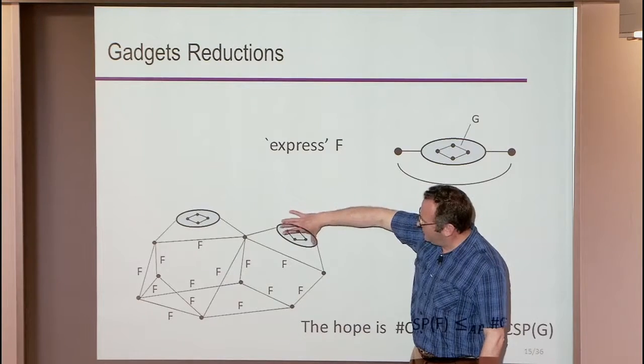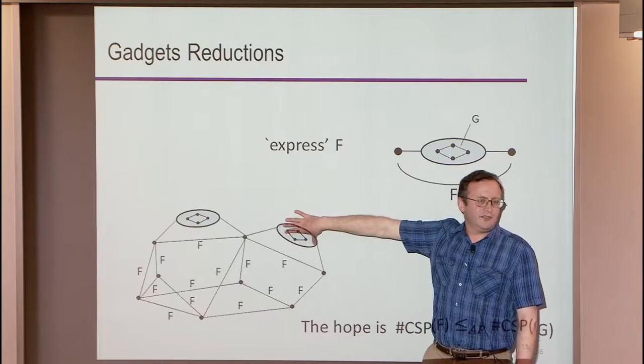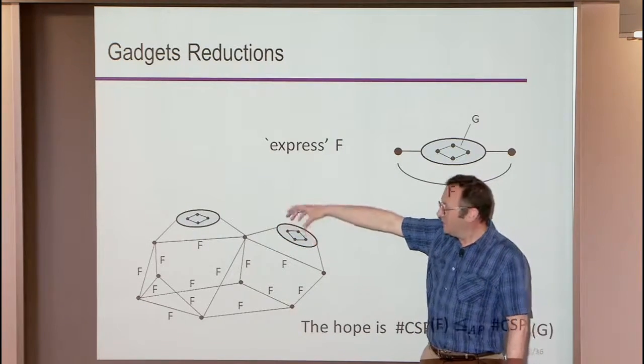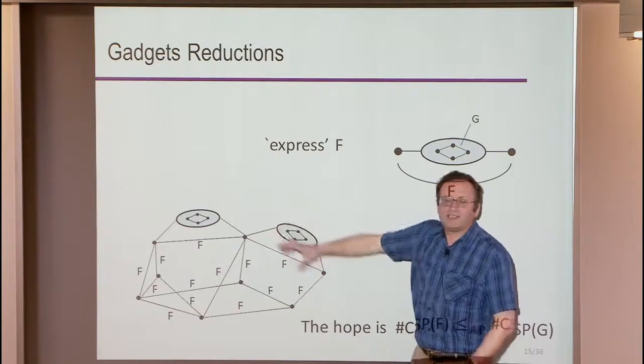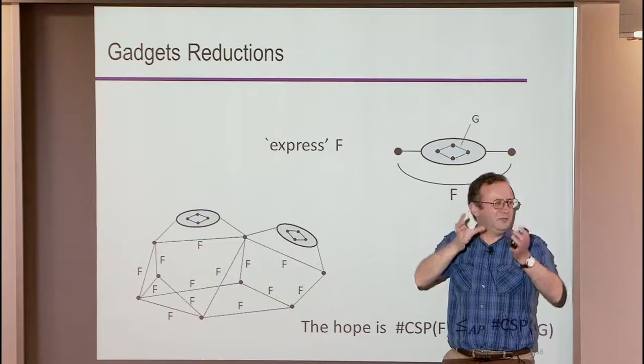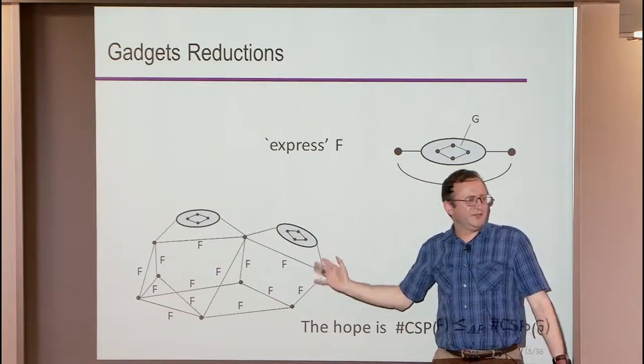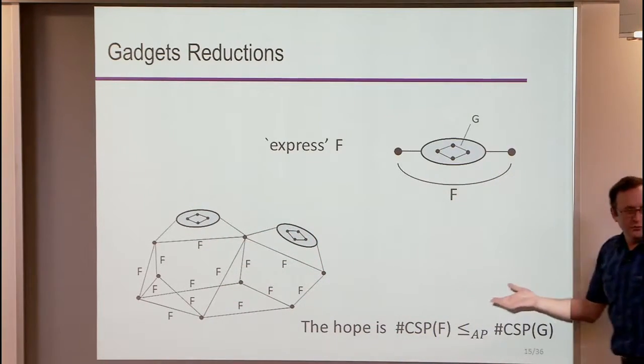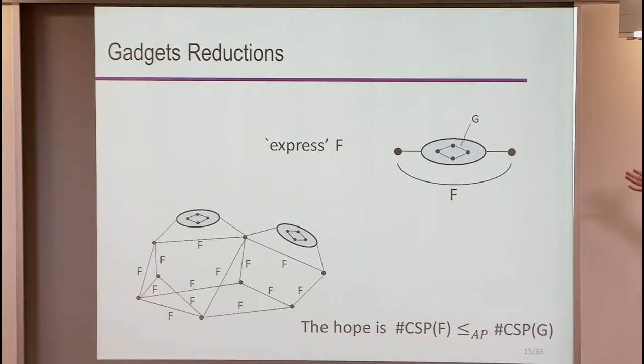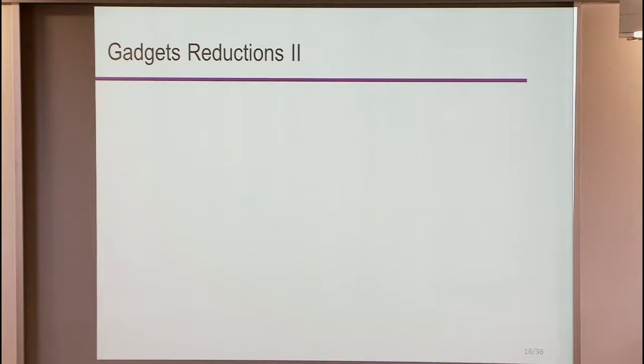Well, I obviously achieve that if my gadget is a counting CSP, right? Then what happens? Instead of every edge here, I plug in some kind of more complicated piece, but nevertheless, all in all, it remains a counting CSP. So that's basically my definition of a gadget. A gadget, in this sense, is just an instance of counting CSP. Well, to be a little bit more precise. So that's what I'm trying to do.